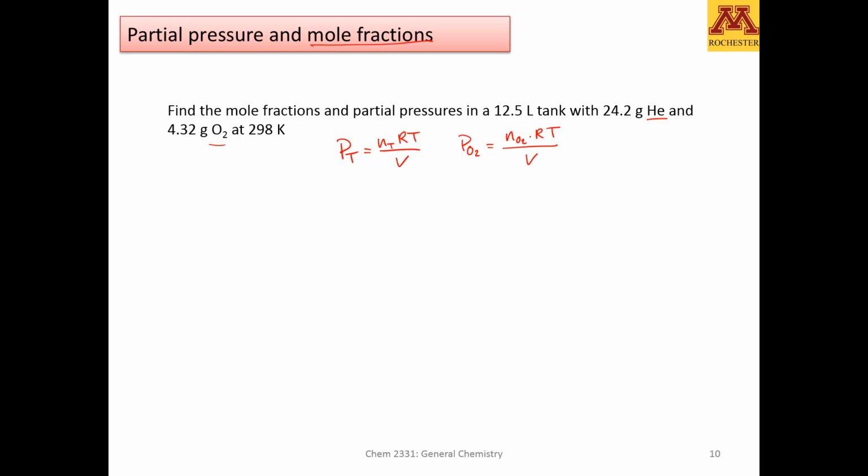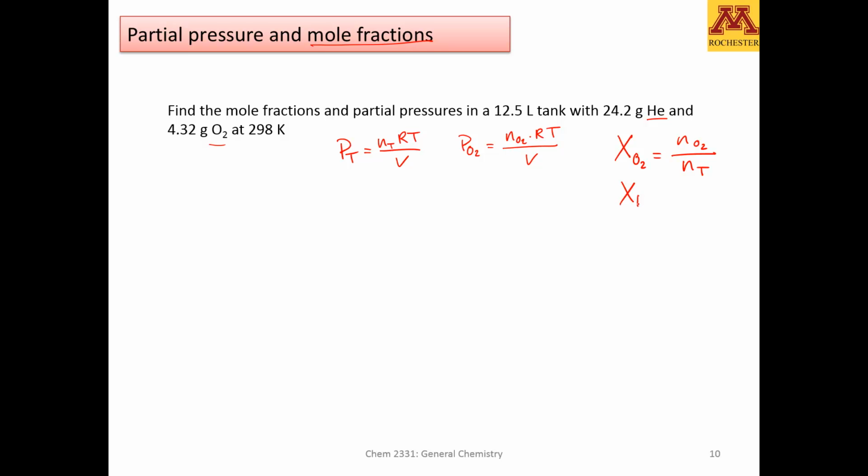There is another way to solve this, using mole fractions. In this case, the fraction of oxygen will be moles of oxygen divided by the total number of moles.